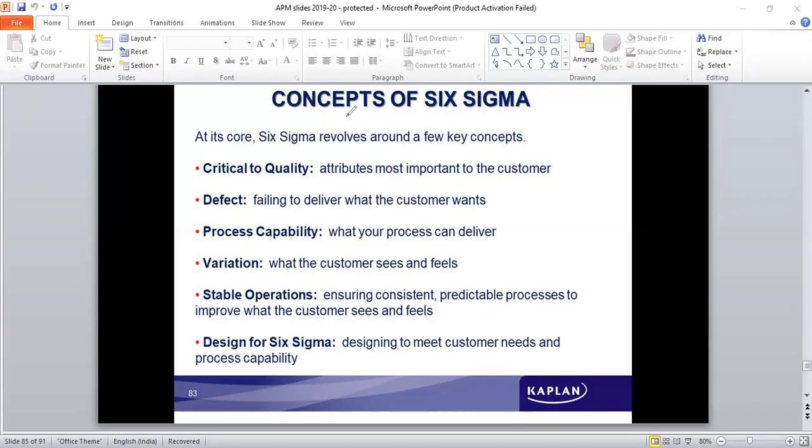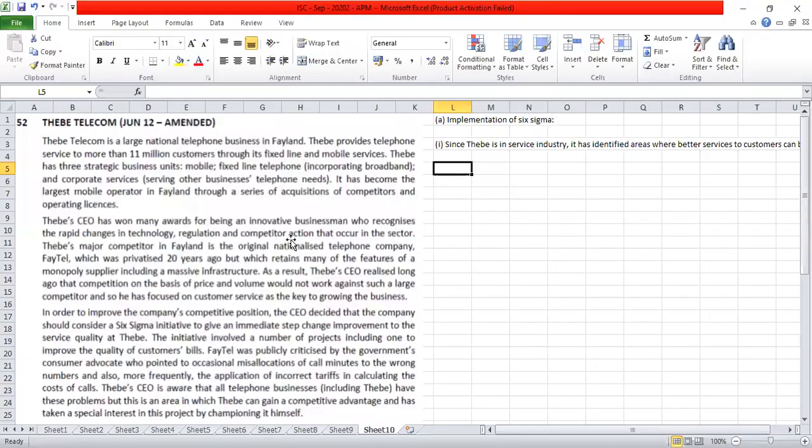But then how is it possible? They have identified that one area of better services is in terms of addressing the customers or clients complaints.